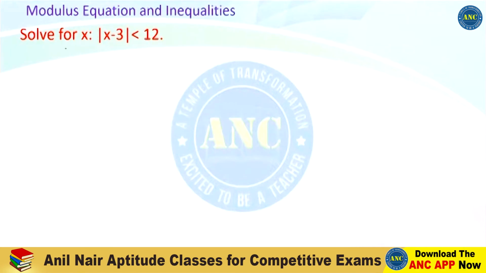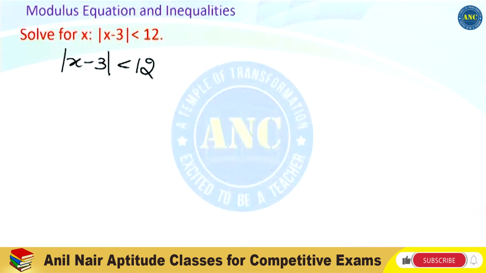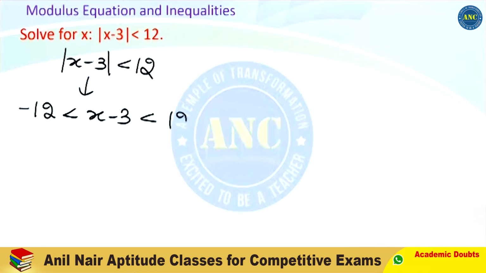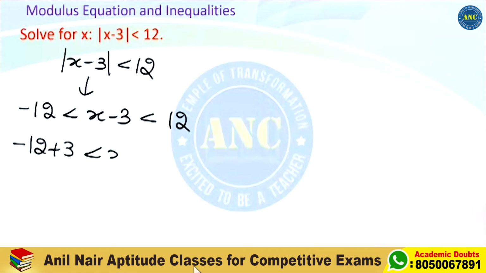Next one. Mod x minus 3 less than 12. So the value always lies between the critical points. Minus 12 less than x minus 3 less than 12. So minus 12 plus 3 less than x less than 12 plus 3.